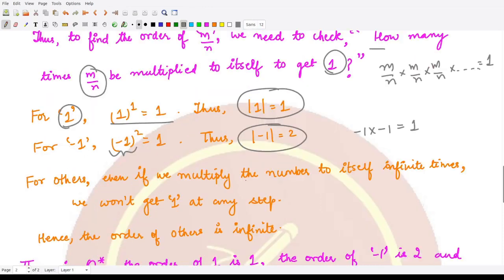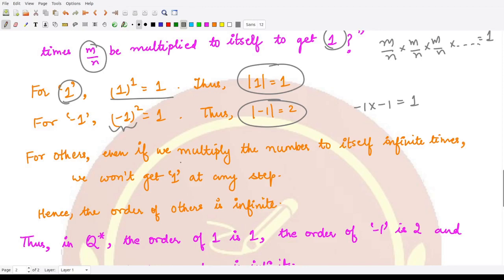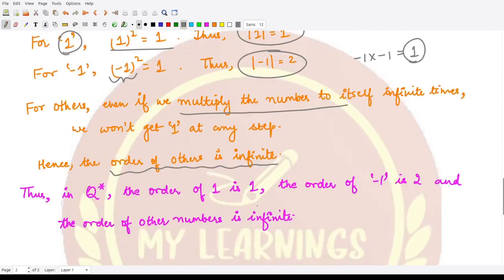For the rest of the elements here, no matter how many times we multiply them, we won't get 1, because they either keep on increasing or they keep on decreasing. So we are unable to define such an n with this condition. Hence we say the order of all the other elements is infinite. Therefore, in Q star the order of 1 is 1, the order of minus 1 is 2, and the order of all other numbers is infinite.